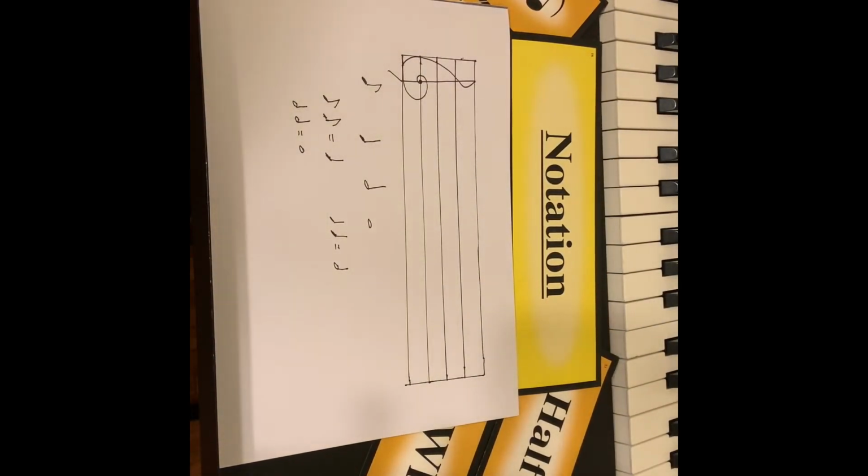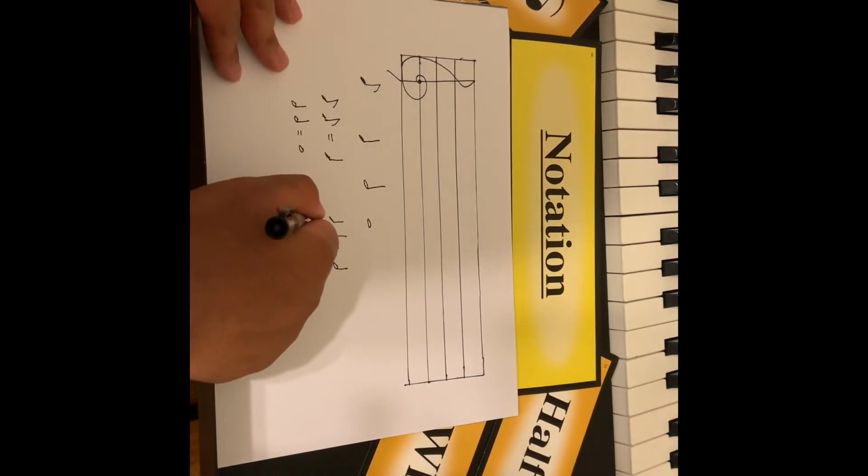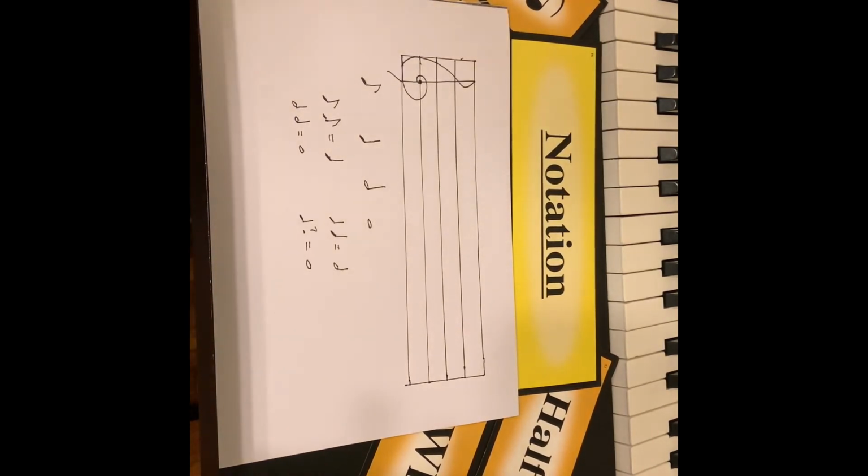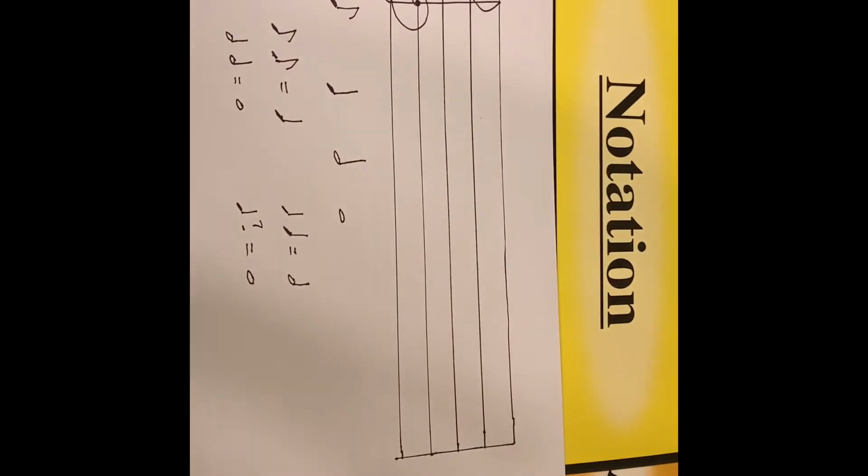So, let's give a quick quiz before we end today's video. Let's say I wanted to figure out how many quarter notes I can get from a whole note. Well, break it all the way down if you need to.